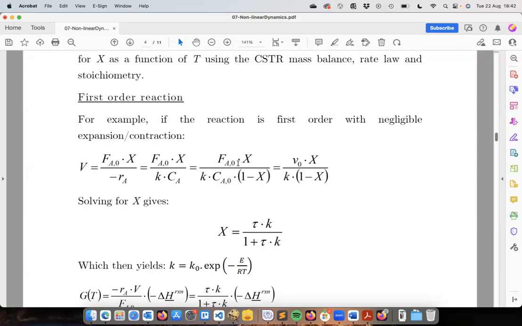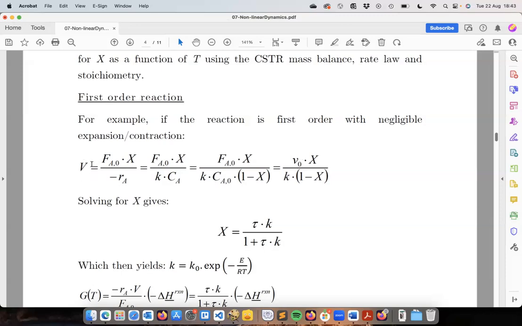And if we look at this, we've got Fa naught over Ca naught. So your molar flow rate divided by your molar concentration. That ratio must be the volumetric flow rate. So of course, our volumetric flow rate, we have been using the symbol Q. I think we used uppercase Q. So for some reason, I was using this. But anyway, just read this, please, as a volumetric flow rate.